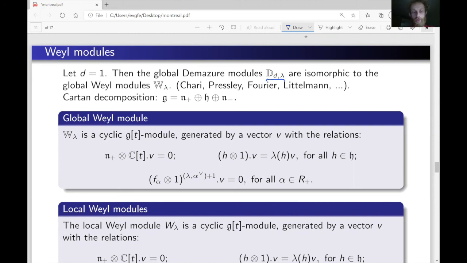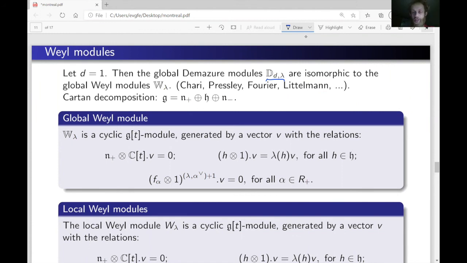Some of you are experts in this field, but if not, just let me give you very briefly the definition. So these modules are very popular. They were introduced and studied by Chari, Pressley, and then Fourier, Littelmann, and many other people. And so the definition is very concrete.